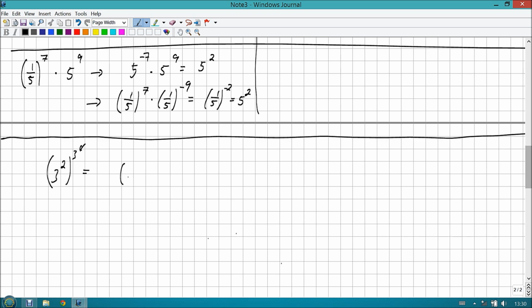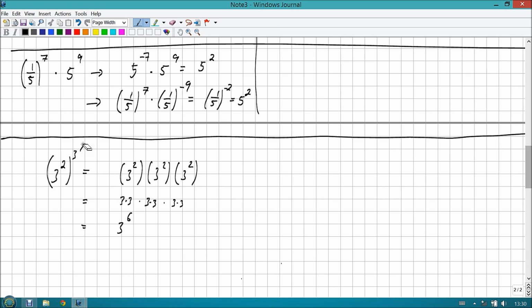So let's do that. That would be 3 squared times 3 squared times 3 squared. And then from there, I know that 3 squared is really 3 times 3. So this becomes 3 times 3 times 3 times 3 times 3 times 3. How many 3's do I have? 1, 2, 3, 4, 5, 6. We have 6, so this would become 3 to the 6th power.